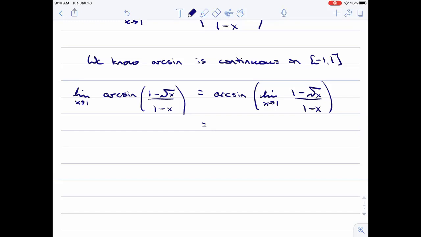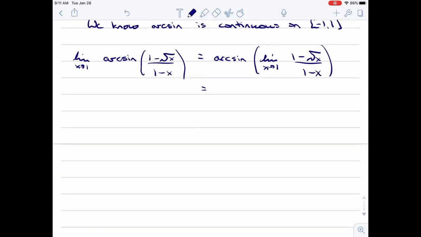Either way, you're trying to avoid dividing by 0. The arc sine on the outside stays the same, but we want to take the limit as x approaches 1. I can show you both ways.